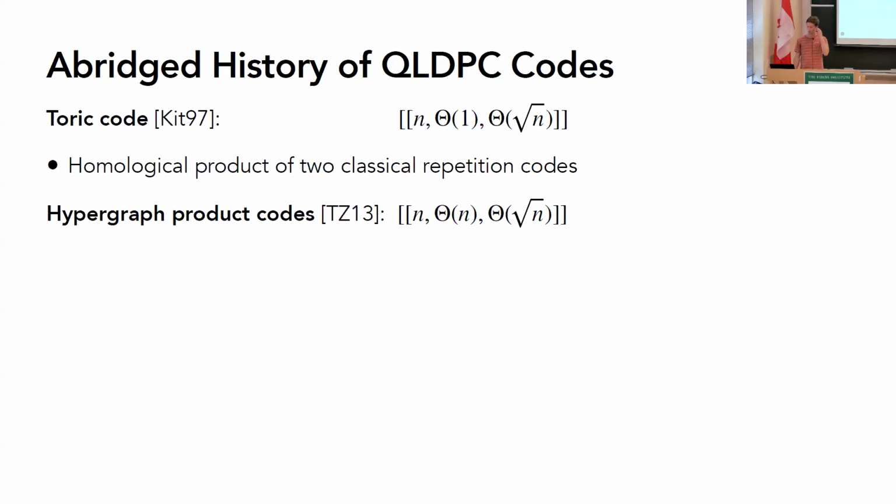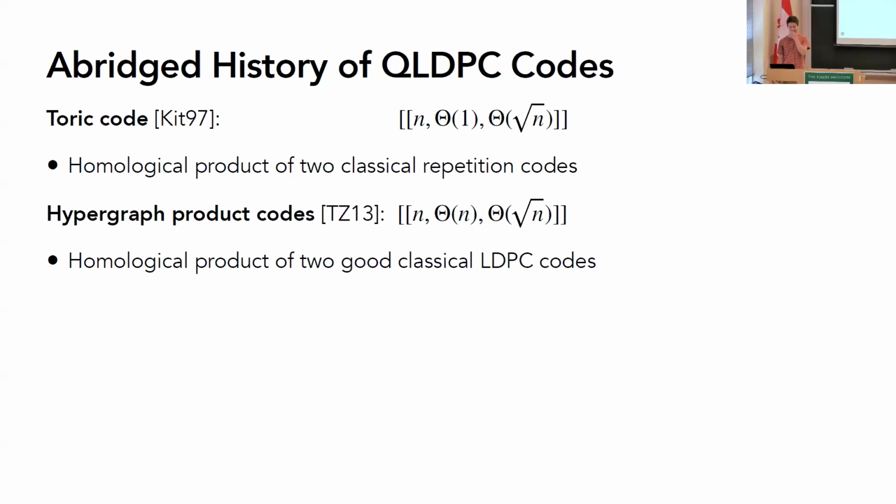But it was generalized by Tillich and Zémor in 2013 to come up with codes that, again, had distance square root of the block length n. But now the dimension of these codes is linear in the block length. So essentially, they improved from encoding just a single message qubit up to a linear number of message qubits.